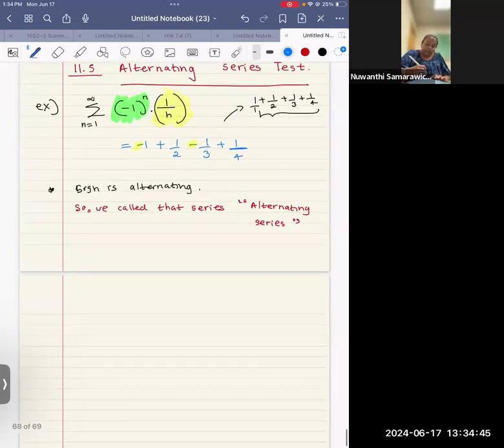So let's see what an alternating series is. We have to check whether this alternating series is convergent or divergent in this question.